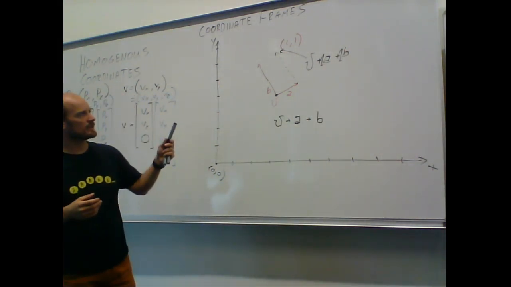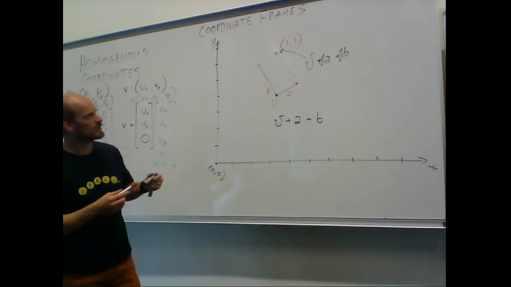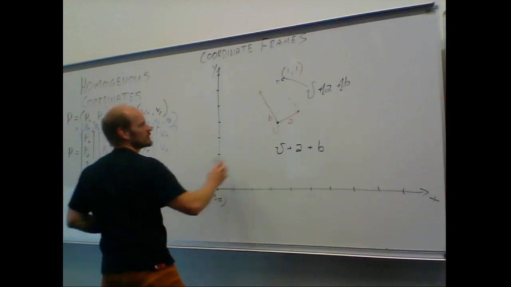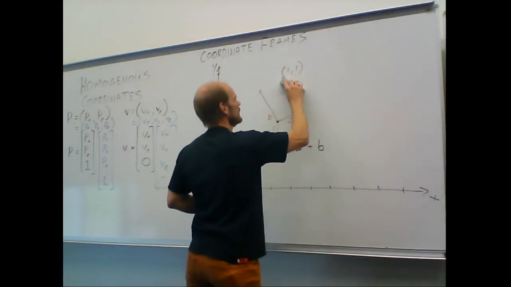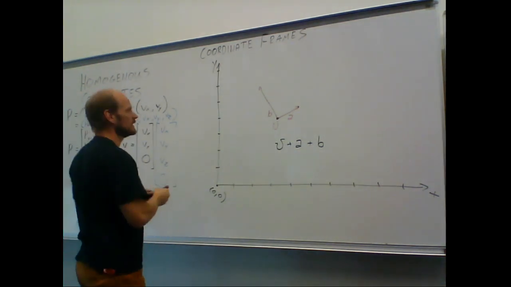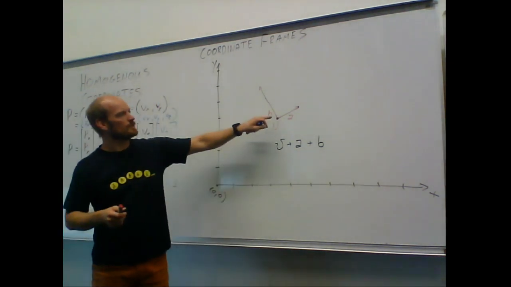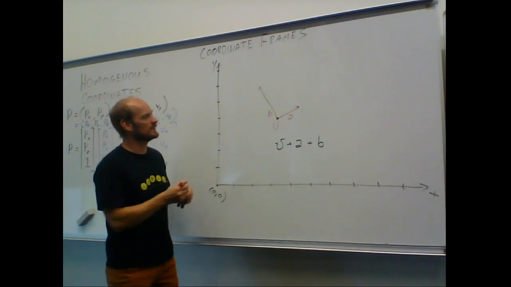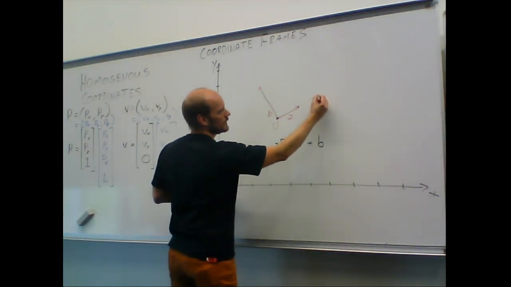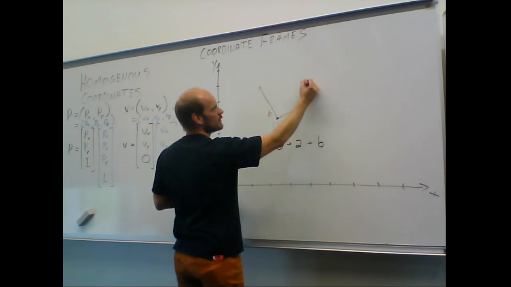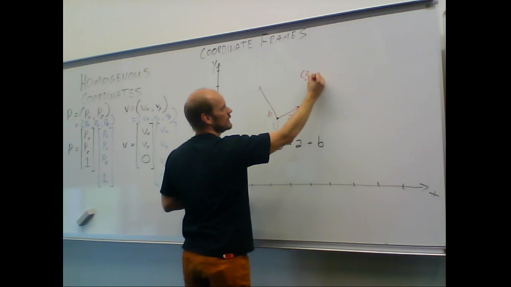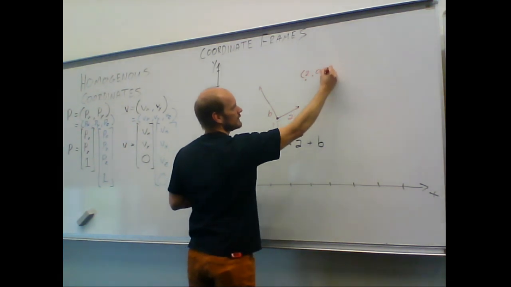So if we take this and make it more general, well no, let's take one more specific case again. Let's say I go 2 along A, and then 1/2 of B. And say this is again the point 2, 0.5.